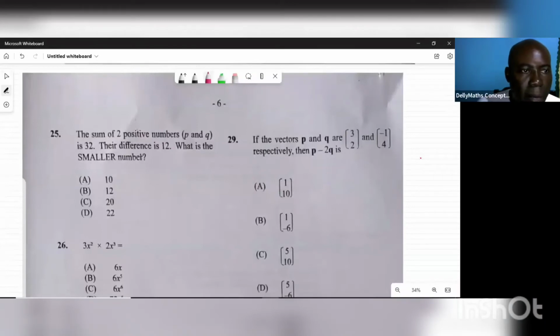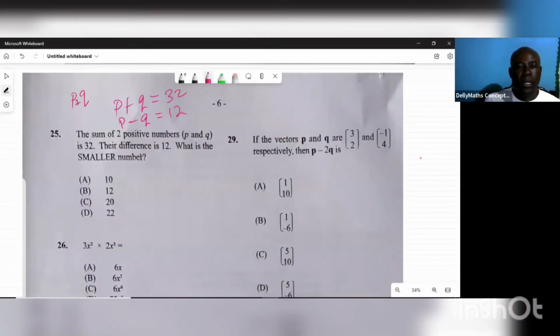All right, so we're talking about P and Q. When you add P and Q, they said that you get 32. And the difference between them, that when you subtract one from the other, you will end up with 12. What do you think? Quickly. Anybody?